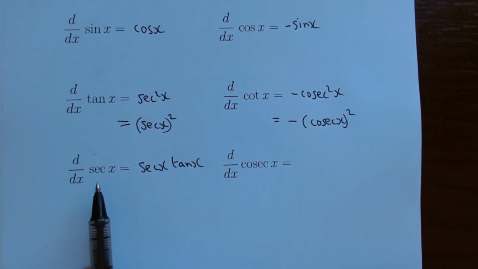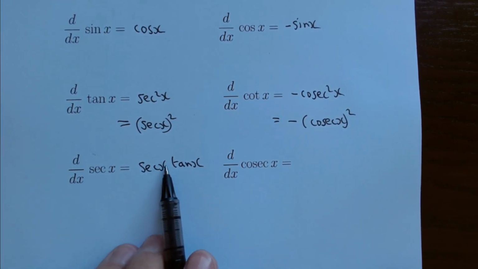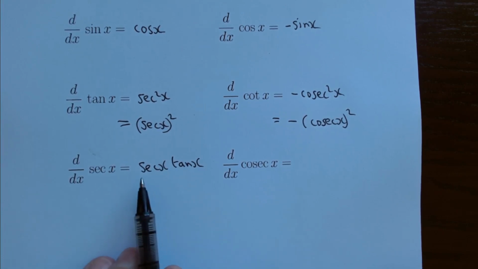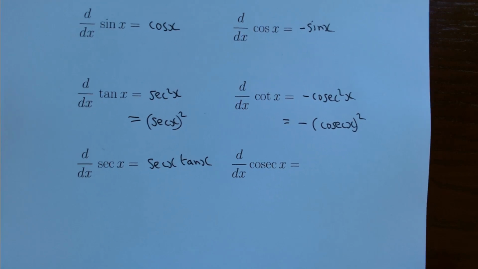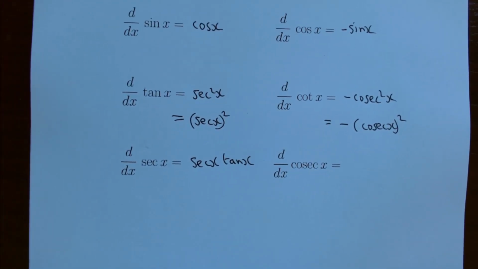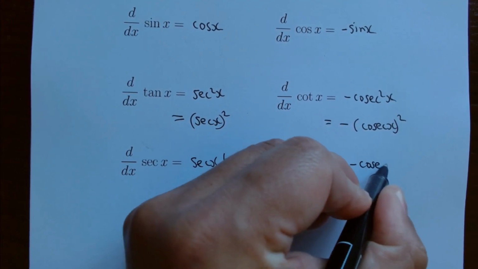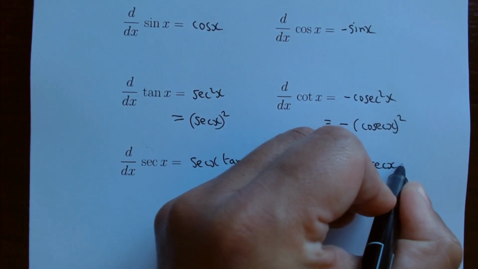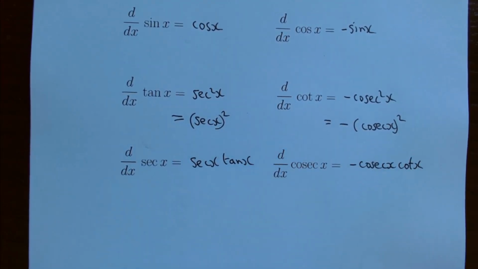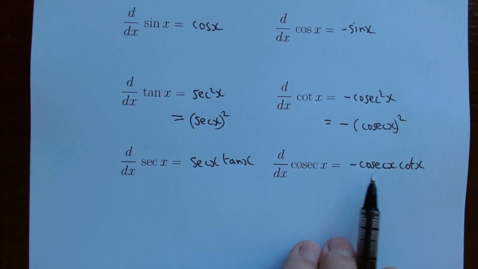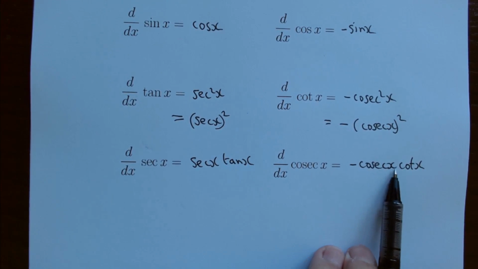So we normally say sec tan, and be careful not to miss out this x. When you do that, it is sec x tan x. And the derivative of cosec x is negative cosec x cot x, and we normally say negative cosec cot, but be careful not to miss out the x.